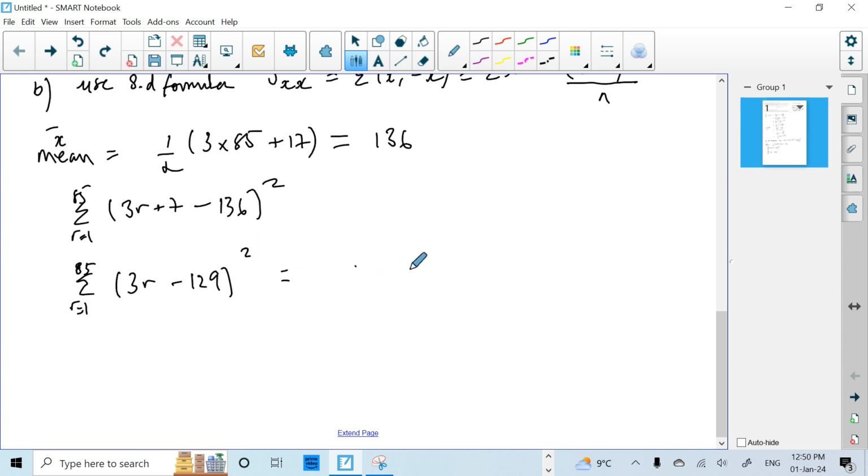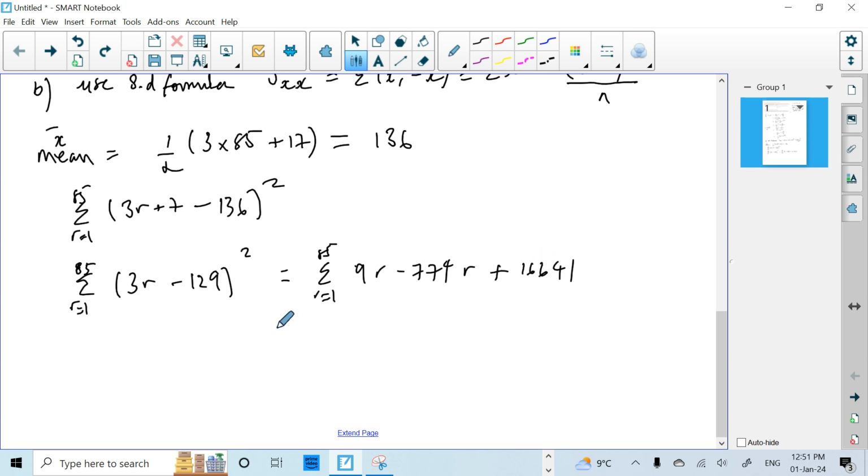And we can tidy that up. Apologies for writing all of this out, it is time consuming, but I'm just showing you the layout for the examiner as well. That gives us 9r squared minus 774r plus 16641.